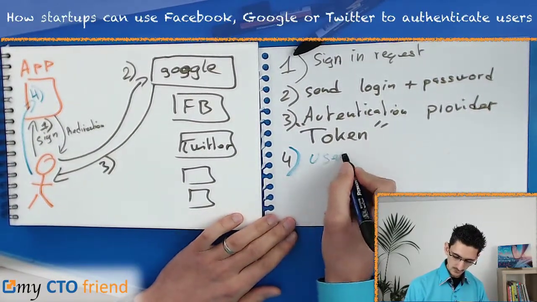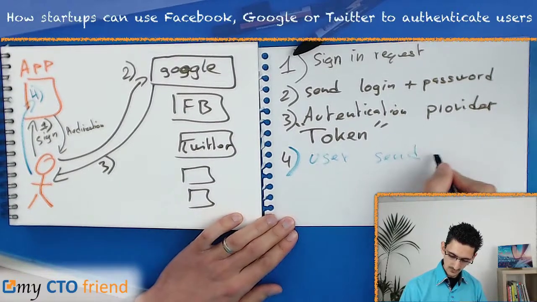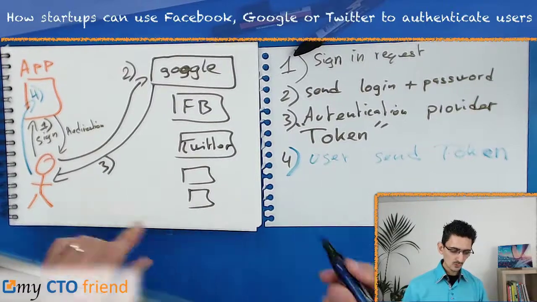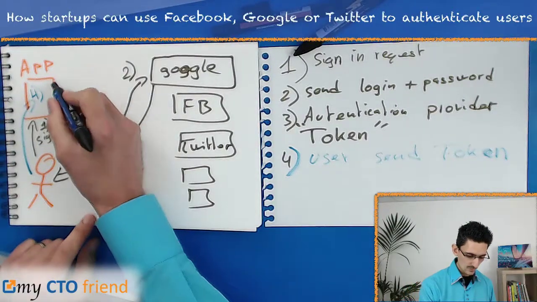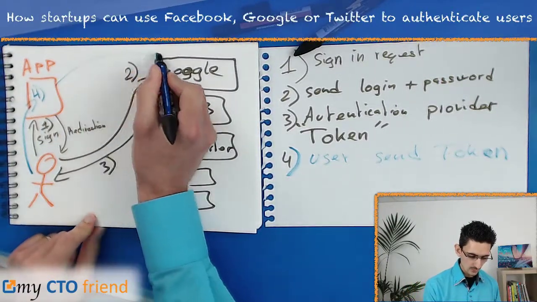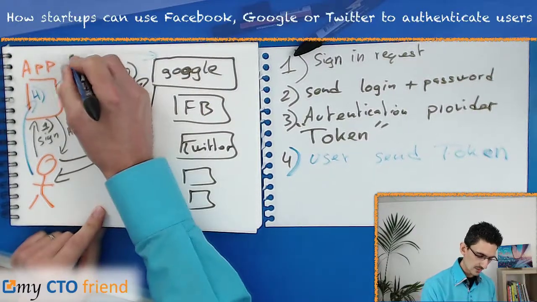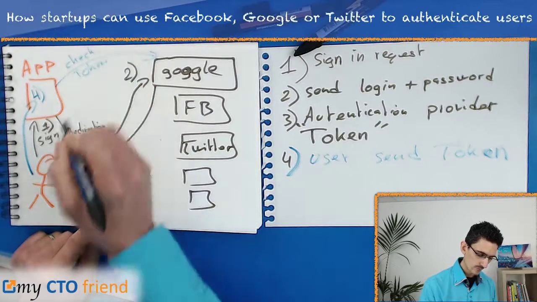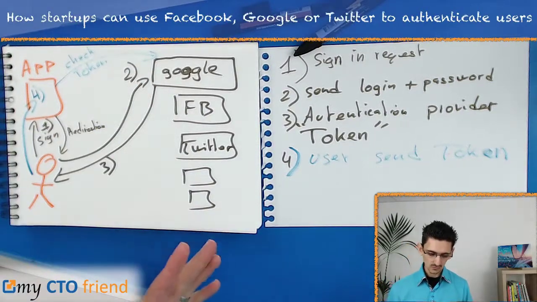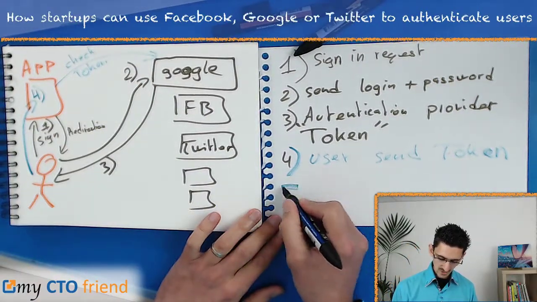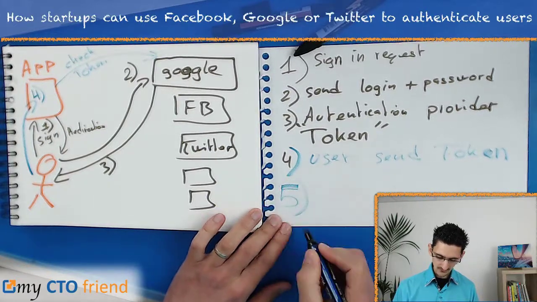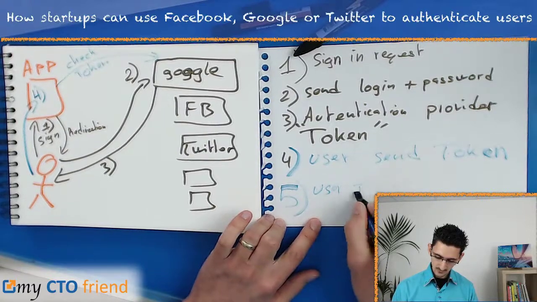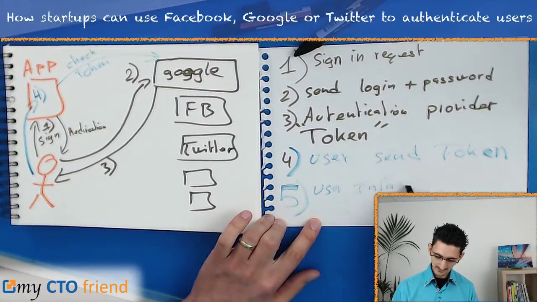The user sends the token to the application, which redirects the token to the provider to check it. But not only checking the token, this is where the magic happens, and that's the final step. Users' info is provided.